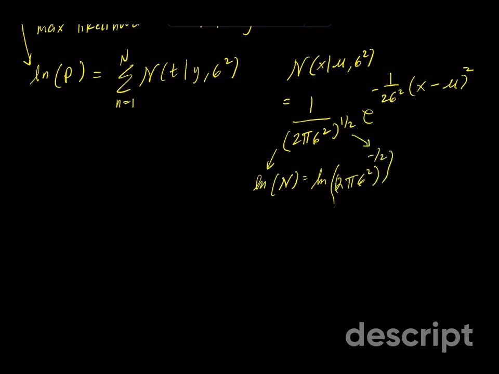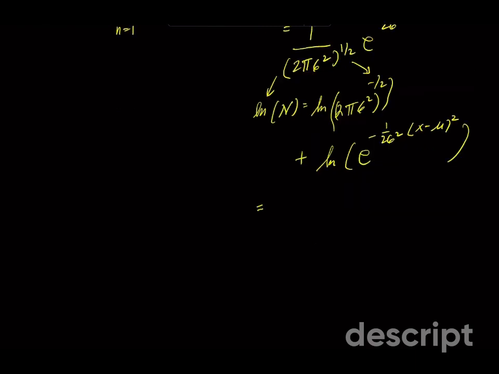So I just place this in the numerator, plus ln of e to the negative 1 over 2 sigma squared times (x minus mu) squared. So this becomes equal to negative 1/2 times ln of 2 pi sigma squared, plus this term simply becomes negative 1 over 2 sigma squared times (x minus mu) squared.